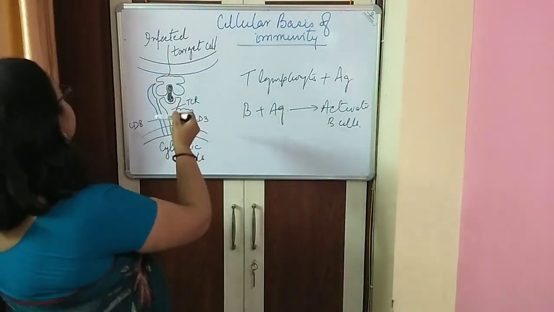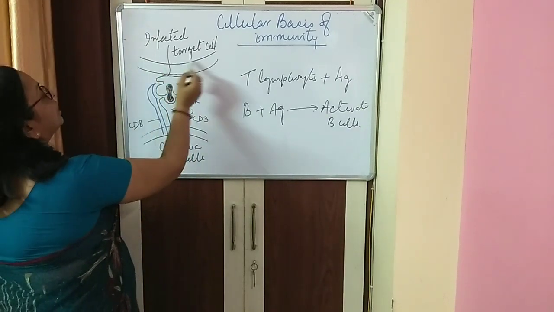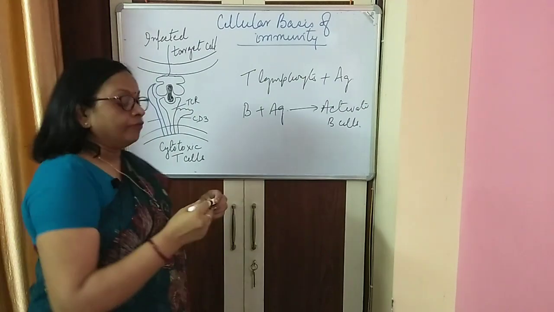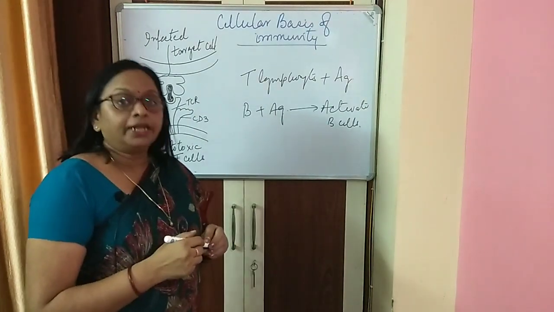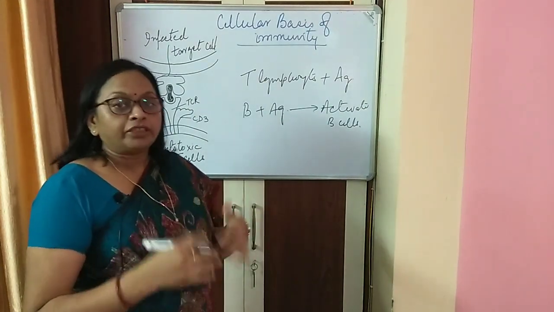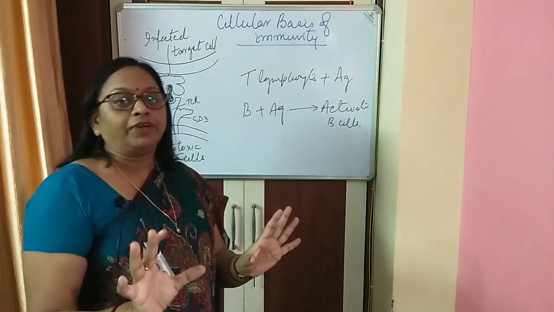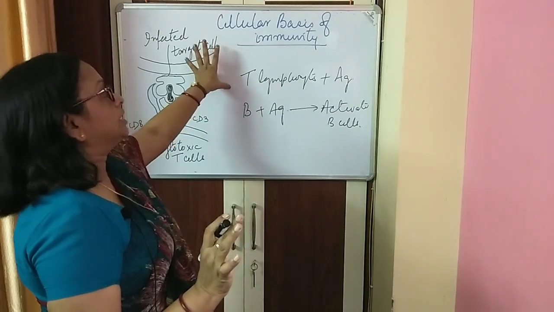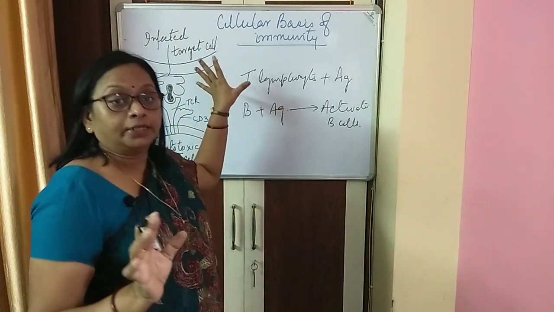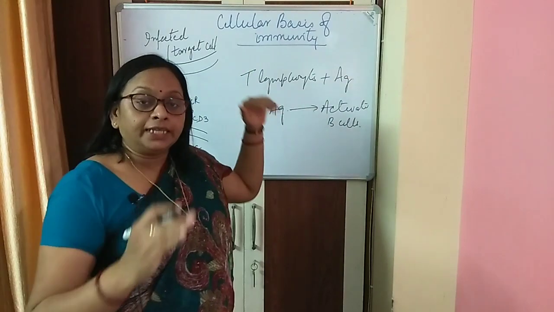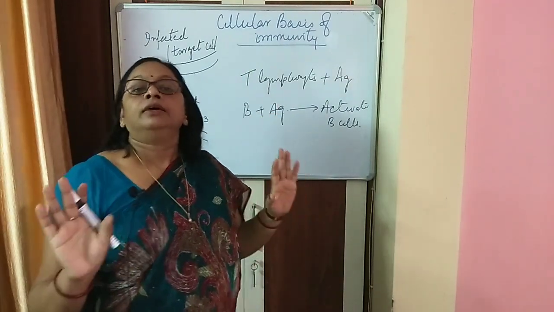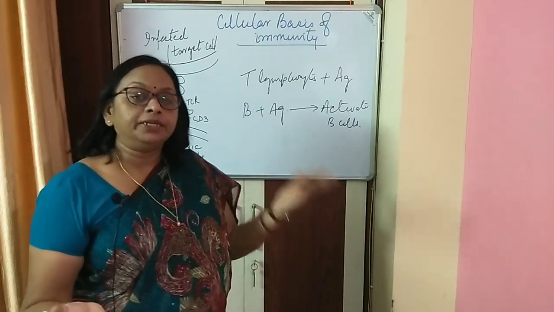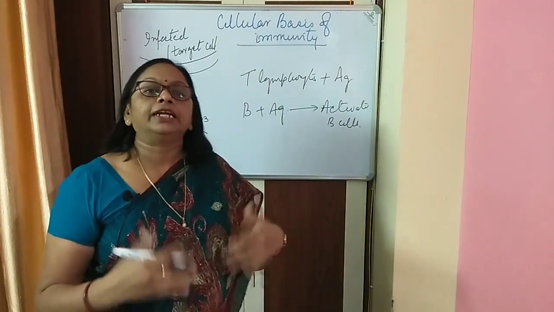Here you can see in the diagram the infected target cell, meaning a cell that has been infected by any pathogen. The antigen is not presented by the antigen presenting cells here; any cell, which can be an antigen presenting cell or any normal cell, can be infected.